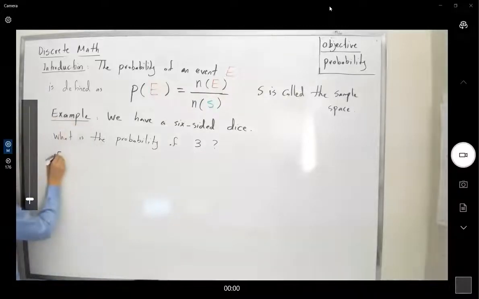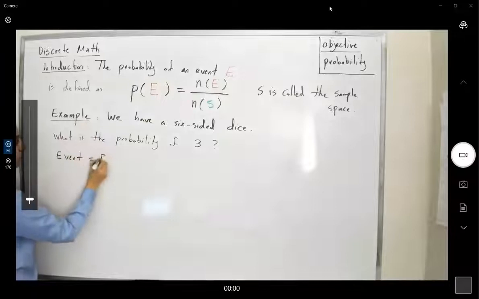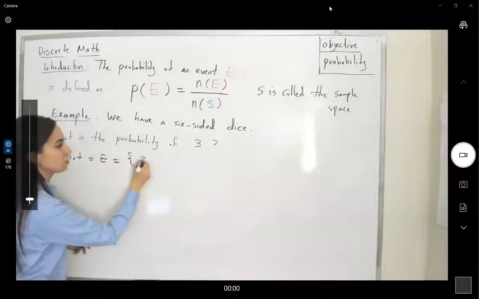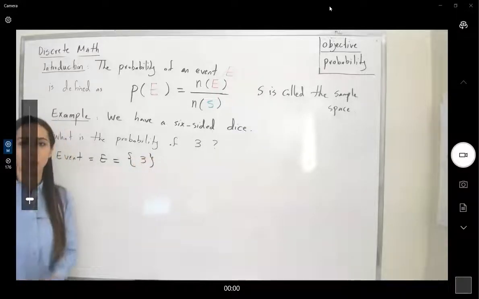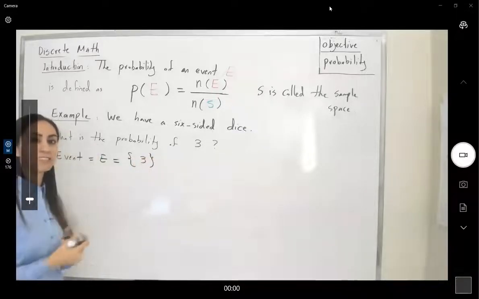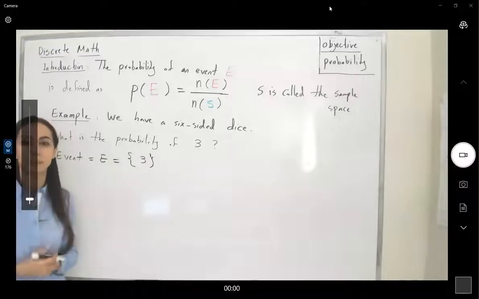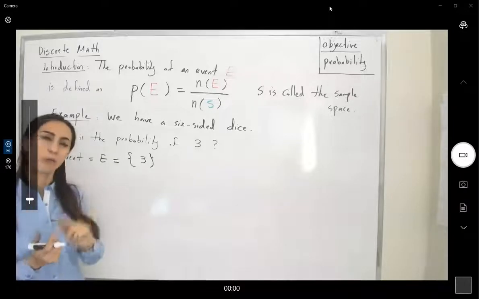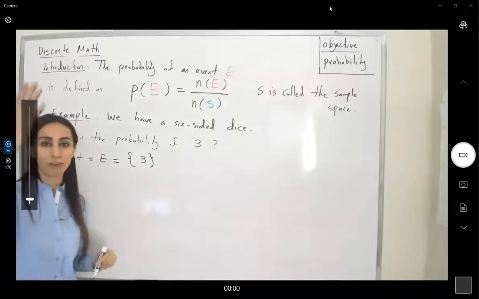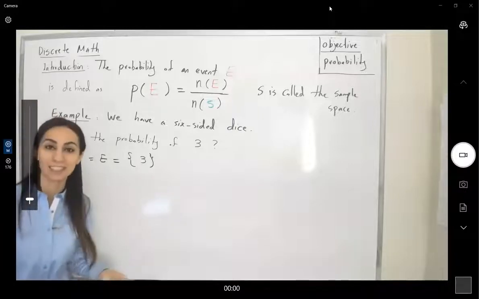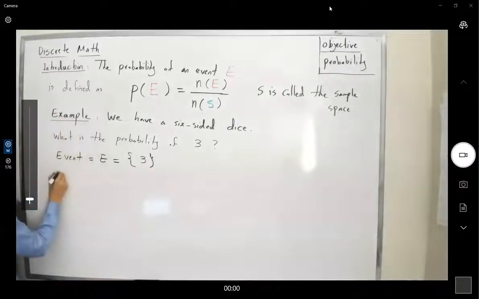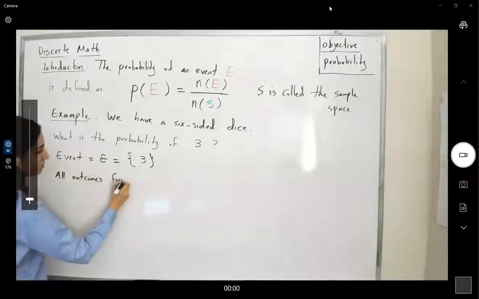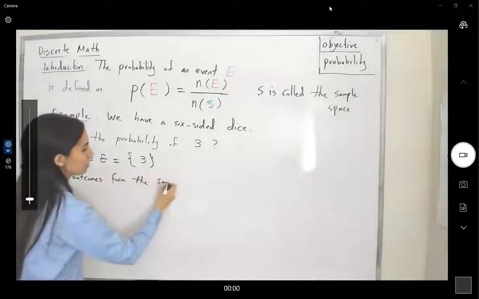So our event, E, is equal to a set including 3. But when we just look at our experiment, we might have 1 or 2 or 3 or 4, 5 or 6. All outcomes form the sample space.